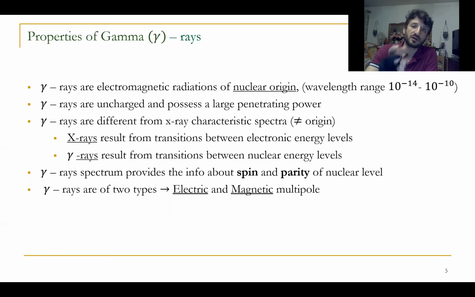Just know we have two types of gamma rays. We have electric gamma transition and we have magnetic gamma transition. Gamma ray is an electromagnetic wave. We have an electric wave and magnetic wave. The combination of electric and magnetic will create an electromagnetic wave. Here we have the classification of gamma ray.